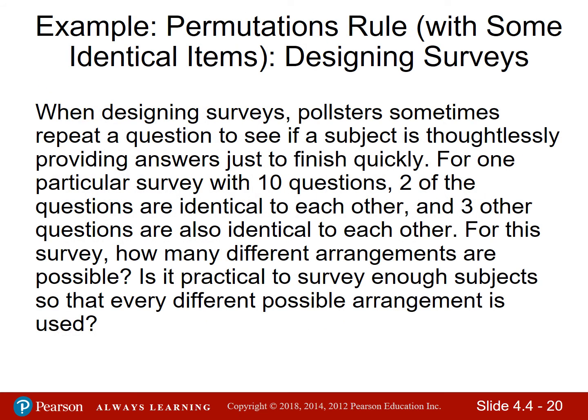Okay, so this is an example again. When designing surveys, pollsters sometimes repeat a question to see if a subject is thoughtlessly providing answers just to finish quickly. For one particular survey of 10 questions, 2 of the questions are identical to each other, and 3 of the questions are also identical to each other. For this survey, how many different arrangements are possible?